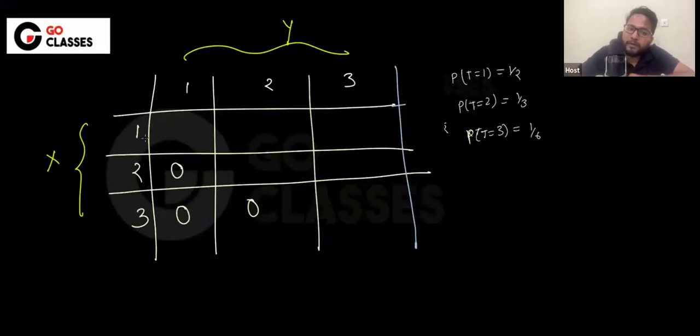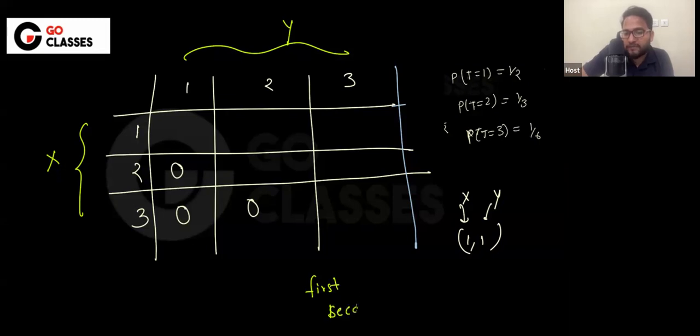So what is the probability that x is 1 and y is 1? What should be the outcome of the experiment in the first trial and in the second trial such that your x and y are basically 1 and 1? This should be 1 and 1, right? Which means 1 by 2 into 1 by 2.